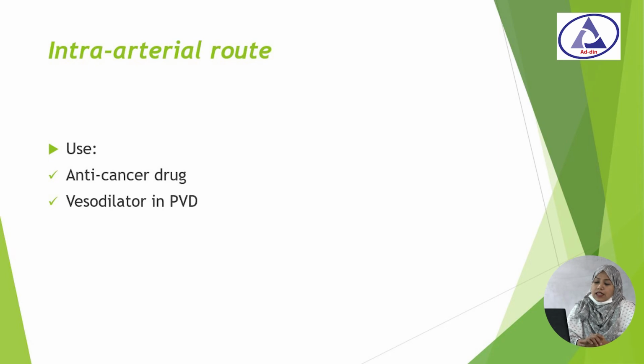And the intra-arterial route. We know that the intravenous route is more common than the intra-arterial route, because in the intravenous route there is no fluctuation in the speed of the blood, but in the intra-arterial route the blood is all the time moving very speedily, so this route is not easily chosen. But anti-cancer drugs or vasodilator drugs are given by the intra-arterial route.